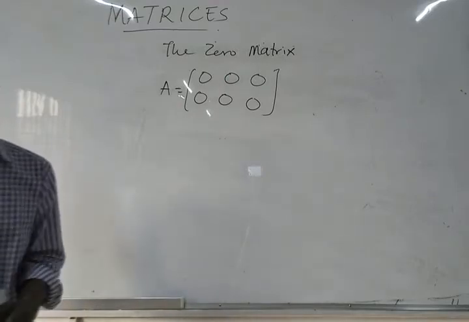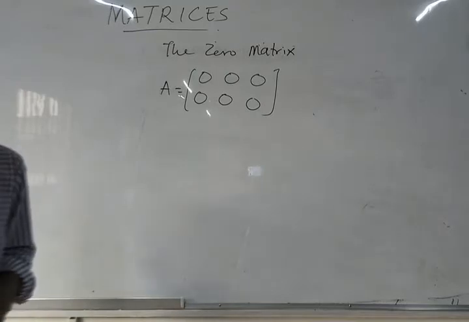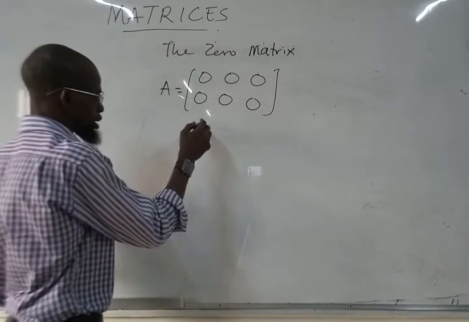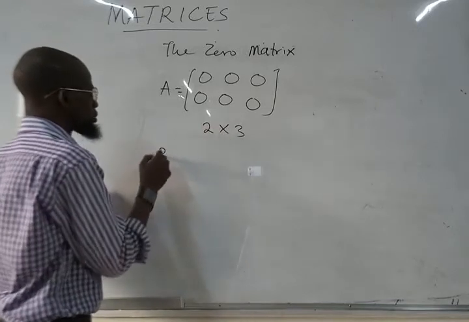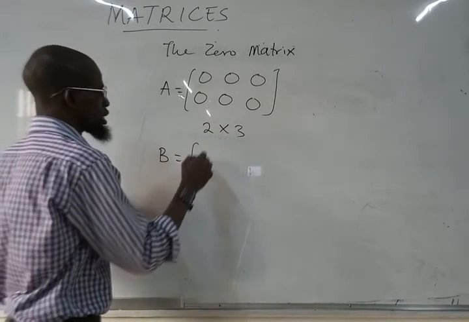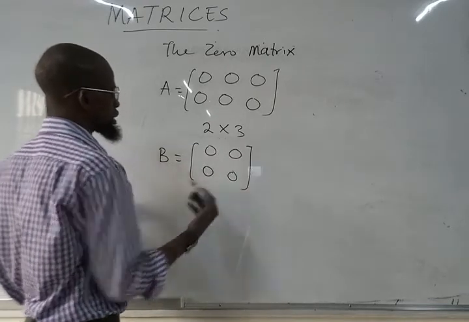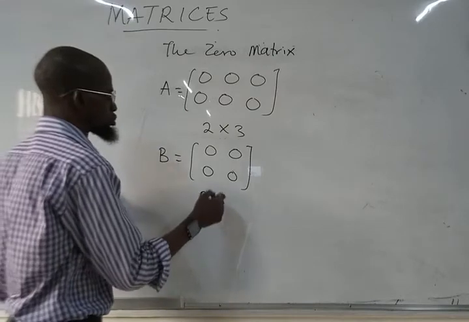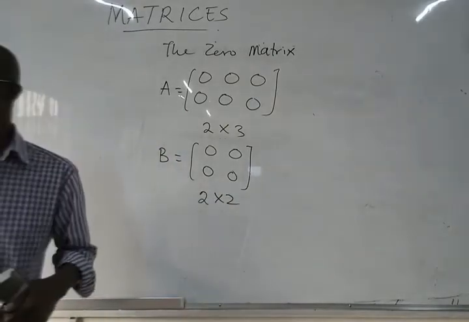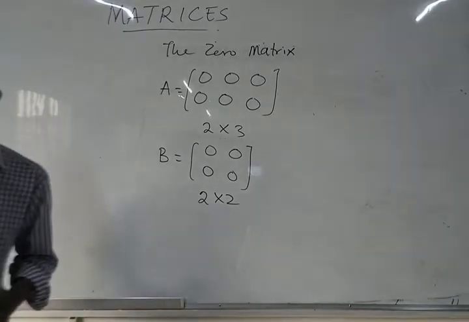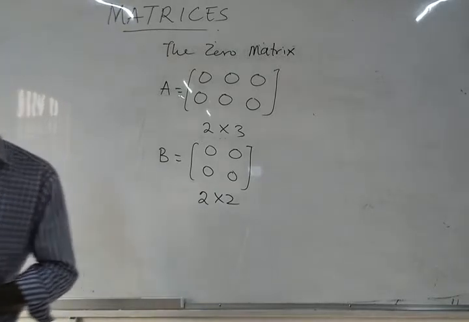When all the elements are 0, then we call it a zero matrix, and in this case a 2 by 3 matrix. Suppose we have another one like this. This is also a zero matrix, but in this case a 2 by 2 matrix. So in essence, a zero matrix or null matrix is a matrix all of whose elements are 0.